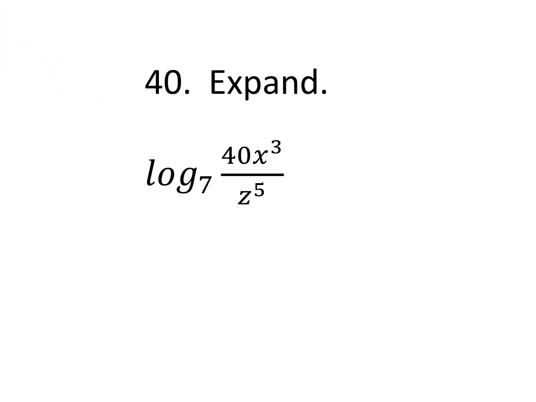Right, for 40, we are expanding. So every time I break it apart, each piece needs its own log. So I start with log base 7. What would come next? 40. Now if I break it apart, what's happening between the 40 and the x cubed? Multiplication, so then I would add it. So I'd have log base 7 of x.